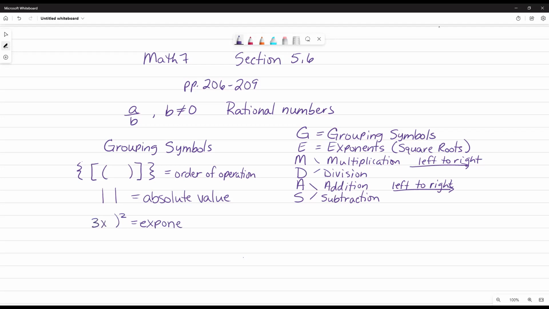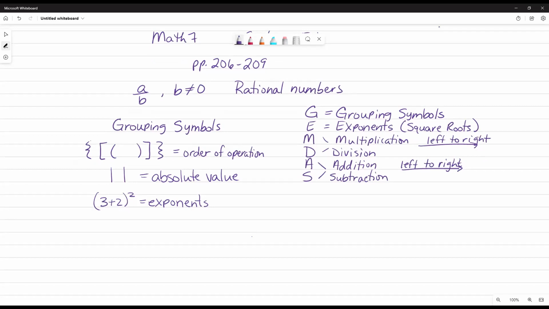If I had 3 plus 2 inside, even though it's addition, because that whole expression is being squared, I would have to make sure I solved 3 plus 2 before I squared it. And then on that same note, if you have 3 plus 2 inside of a square root, that also is a grouping symbol. There's maybe some more, but if we get to them, we'll come to it.